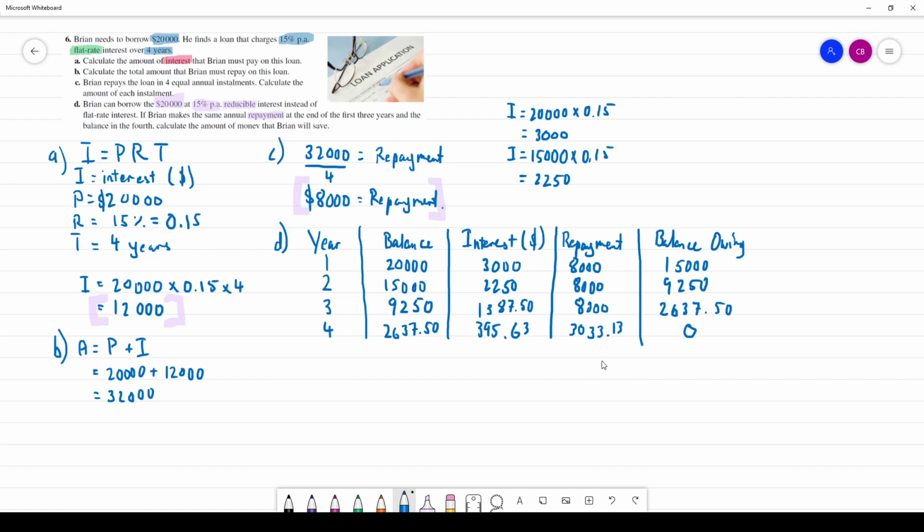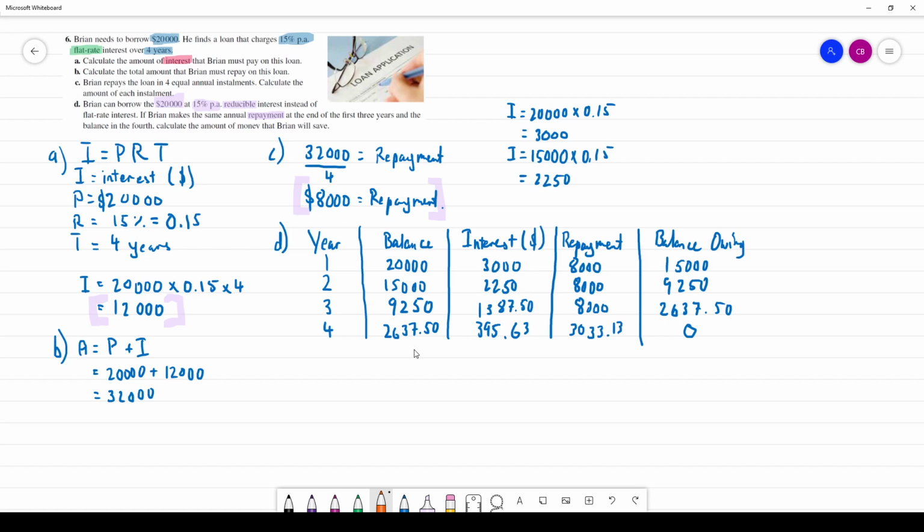Now, what do we have to do? We have to still compare. How can we compare? Well, what are we comparing? We're calculating the amount of money that Brian will save. So there's a few ways we could do this. Let's have a look at both of them and see, you can choose which one you like.